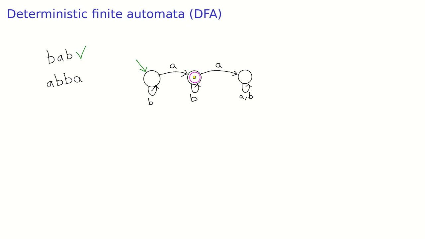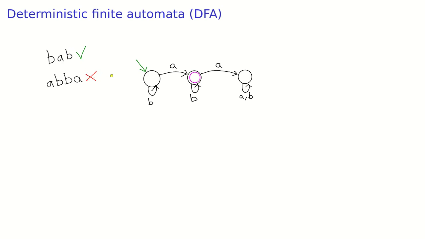And the final letter is an A, so we switch the state and we land here. We finished reading this word, ABBA. Since this state doesn't have a pink circle, it's a rejecting state. So we reject the word ABBA. We write it with a red X. This is rejected and this was accepted.